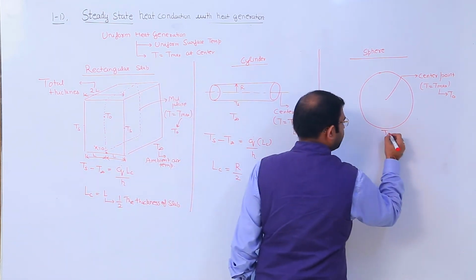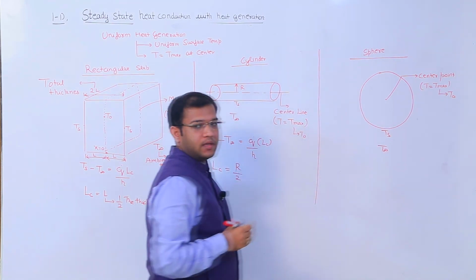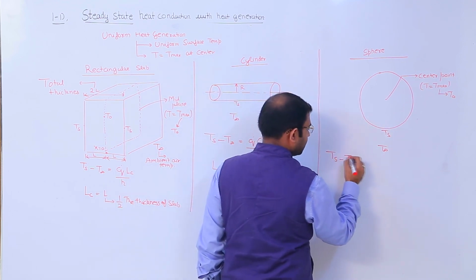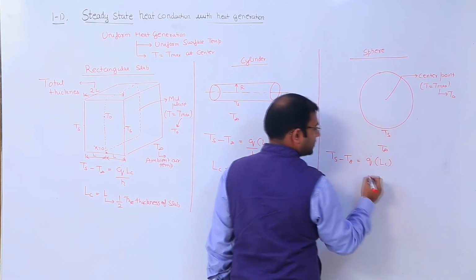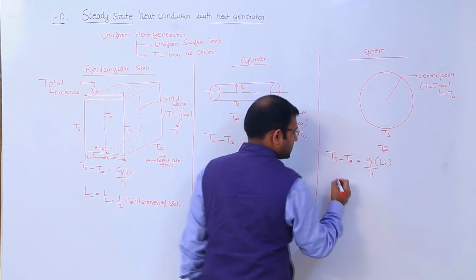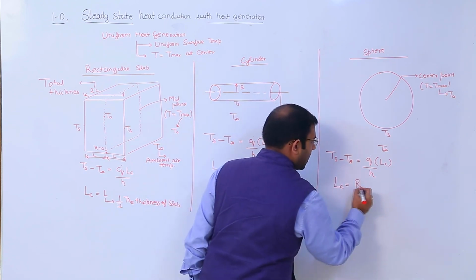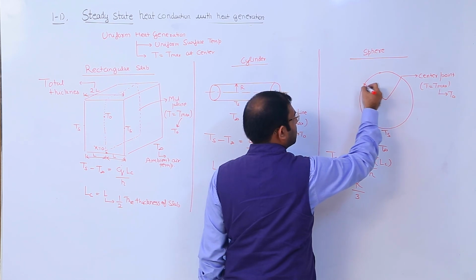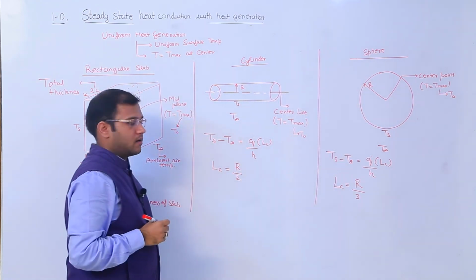Let the surface temperature be Ts and the ambient air temperature be T infinity. So the relation is equal to Q dot into characteristic dimension upon h, and here the characteristic dimension is R by 3, where R is nothing but your radial distance, the radius of sphere R. Fine.